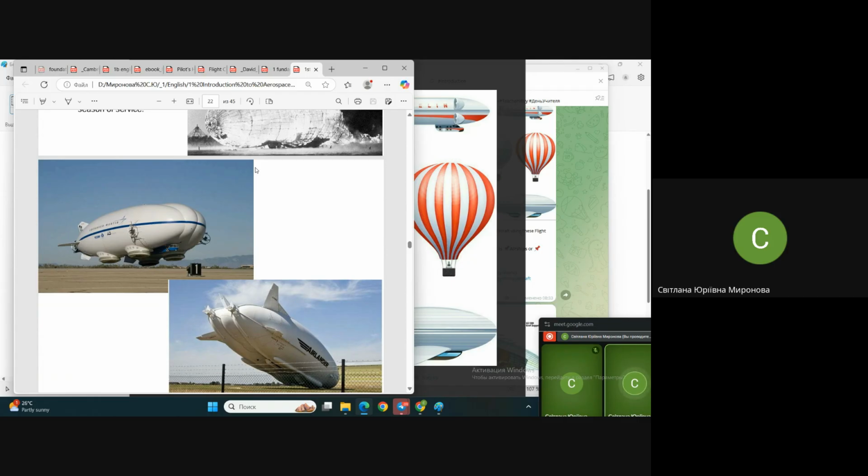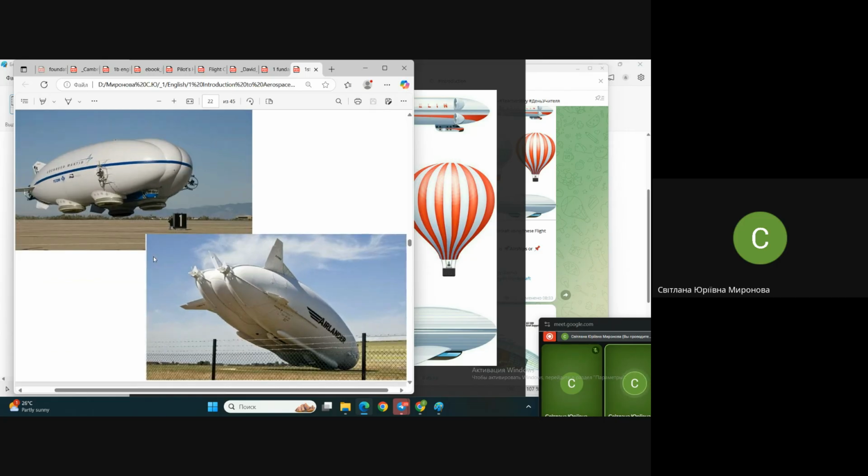Right now you see I placed some not so funny photos on purpose, of course, you understand. On the left you see an attempt, it's a Lockheed dirigible, if I'm not mistaken. As I used to say, however interesting they are, they are still the same unreliable.